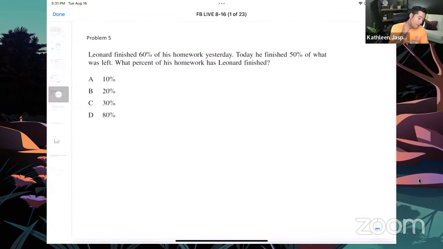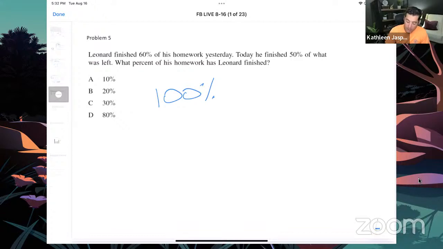Even though they're written so simply, these can be tricky because it's like, what's 60% of 50%? What's going on here? You just have to follow it as you read it. So he finished 60% of his homework. Well, when you start something, you start with 100%. No matter what the value is, that value is equivalent to 100%.